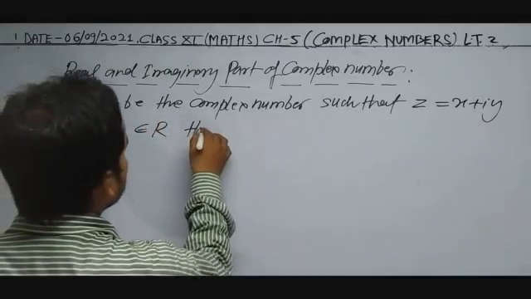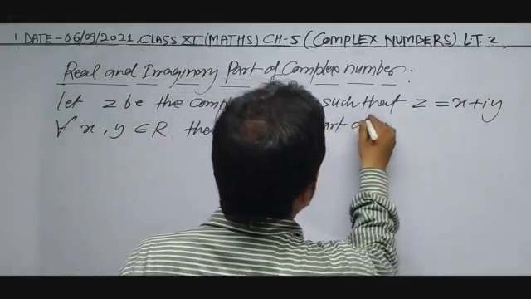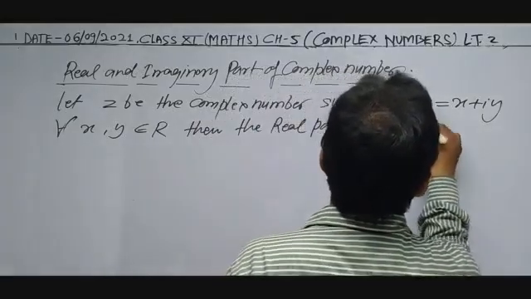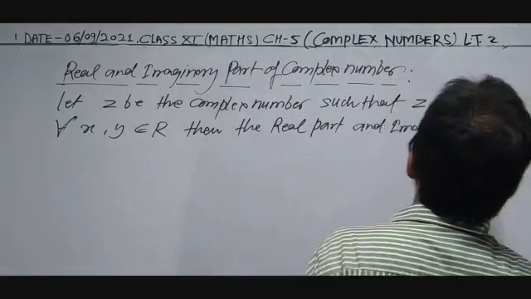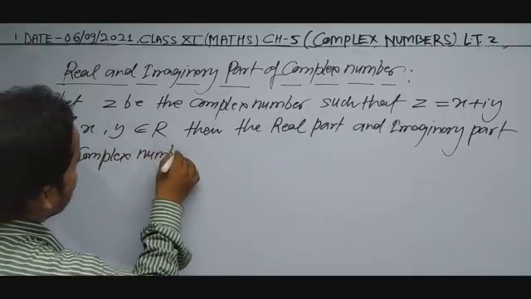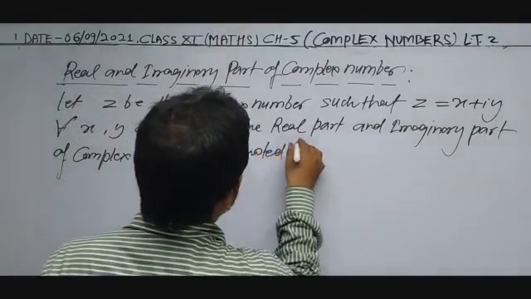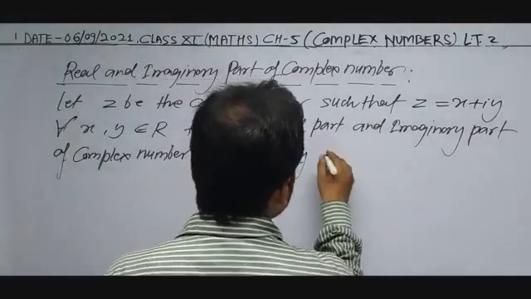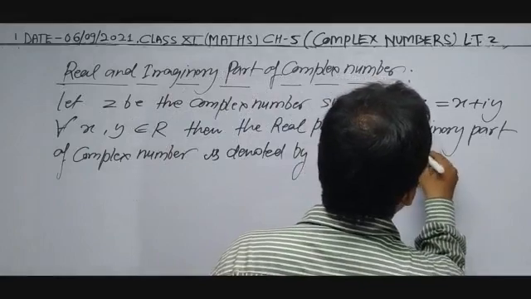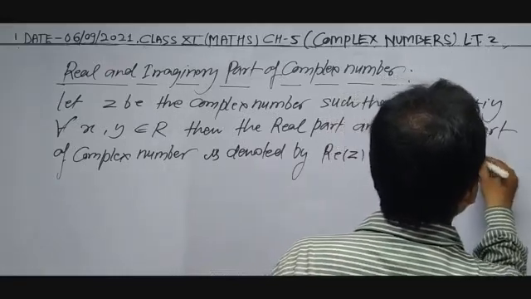Then the real part and imaginary part of complex number is denoted by real part of z and imaginary part of z, respectively.